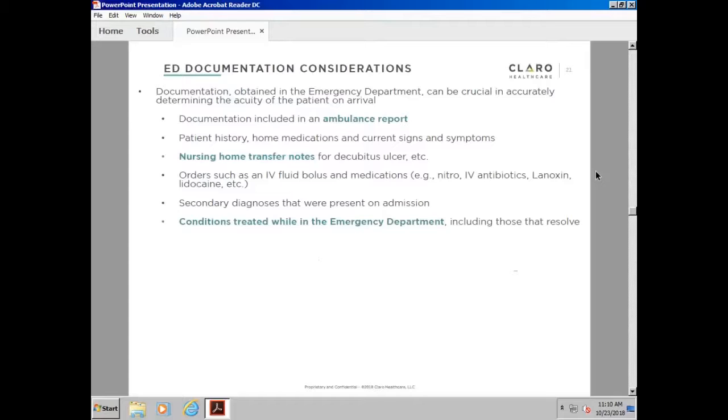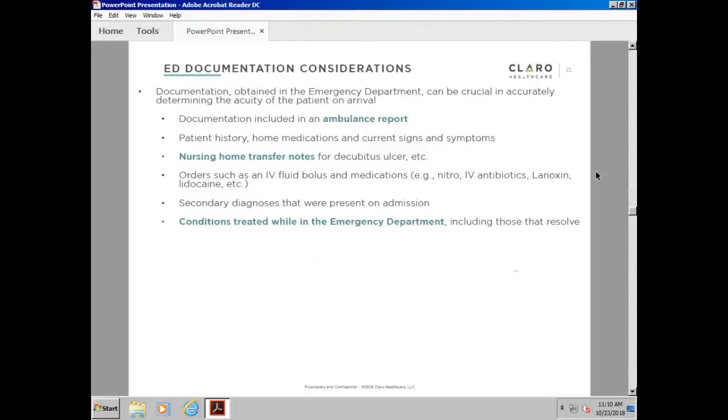Because we can't go back into those records and pull out that information. It's the physician who is determining what's important from that transfer facility that will be brought into this state. So that's very important to pull that information at the beginning too.